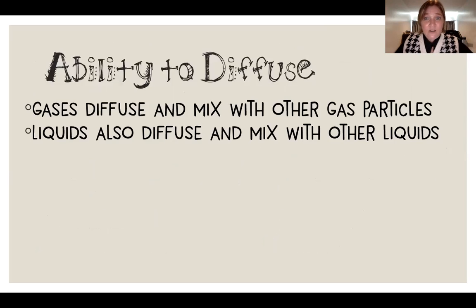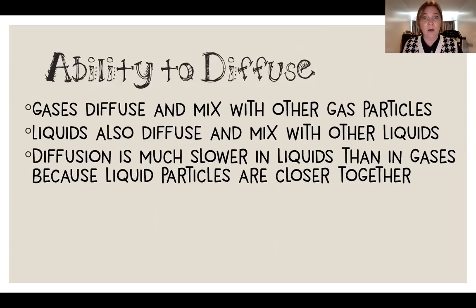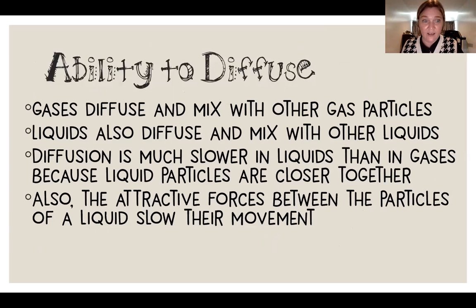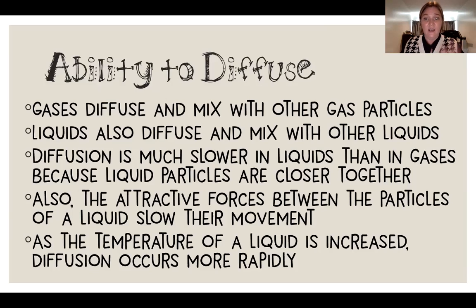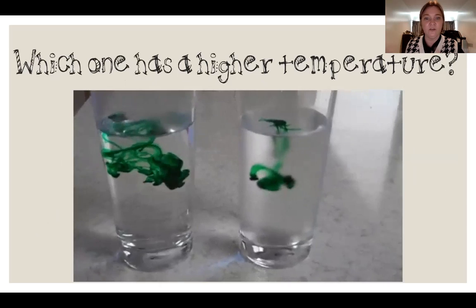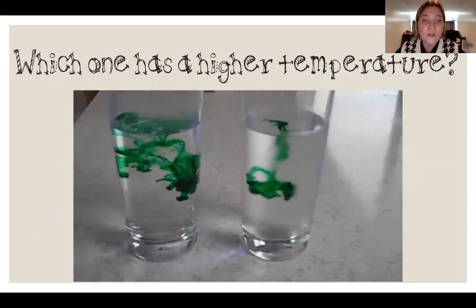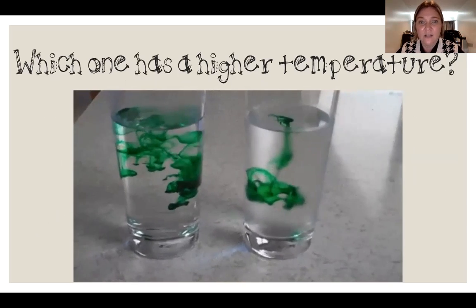Along with gases, liquids also have the ability to diffuse and mix with other liquids. But of course, diffusion in liquids is much slower because the particles are closer together and they have less kinetic energy, so they are moving at a slower rate. But of course, like everything, if temperature is increased, diffusion increases. So if you look at this video, which one has a higher temperature?